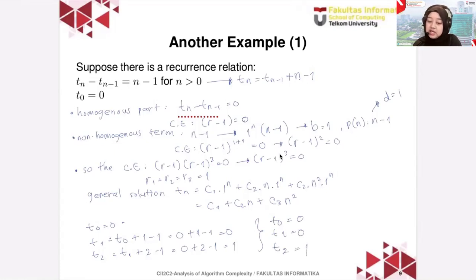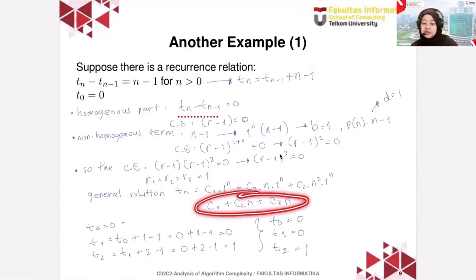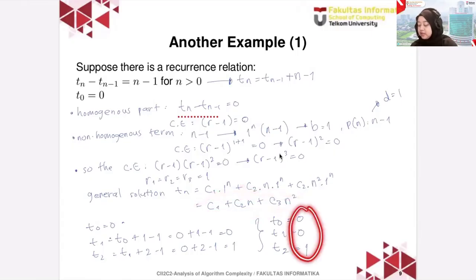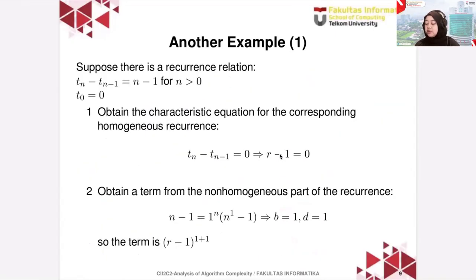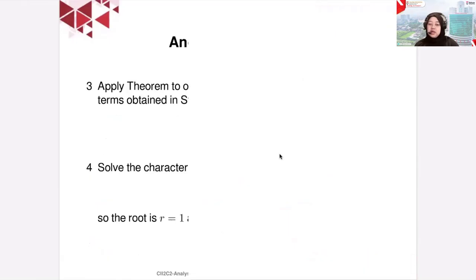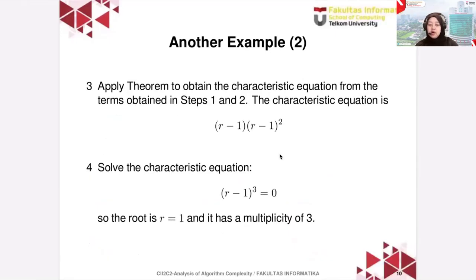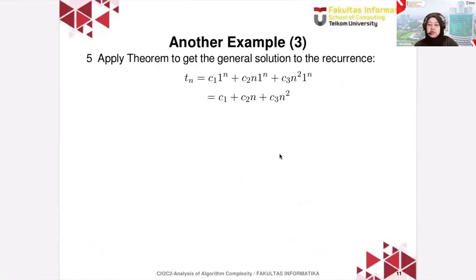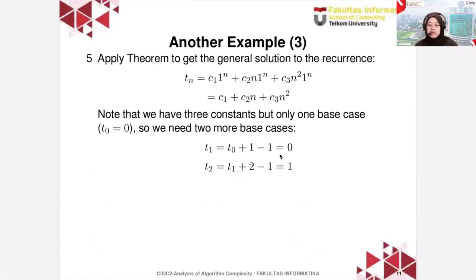By using the three base cases, we can have three equations by substituting n equal to 0, 1, and 2, and making it equal to the base cases we have. Okay, so these are what I demonstrated before. So you have three base cases now, 0, 0, and 1.